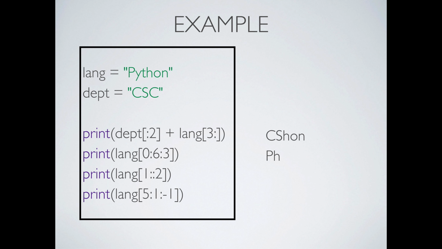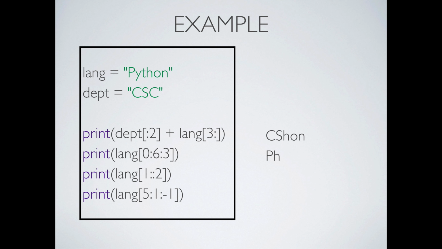In this third example, we're looking at the string language. We're starting with the character at position 1, which is Y, and there's no stop, which means we're going to go through the entire string, and the skip is 2. So it's going to be every other character starting with Y, which will give us Y, then H, then N.